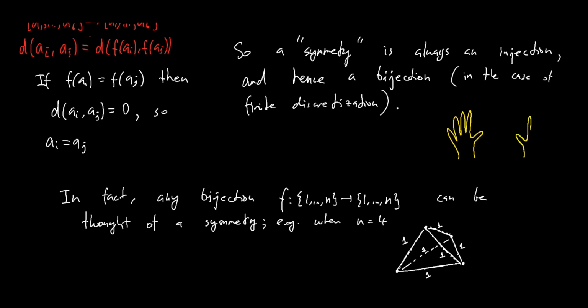We can't get one from the other. Remember, these are 3D objects, right? And we can't get one from the other by rotation. They will never match. The left and right hand will never match. But we can get them by flipping.